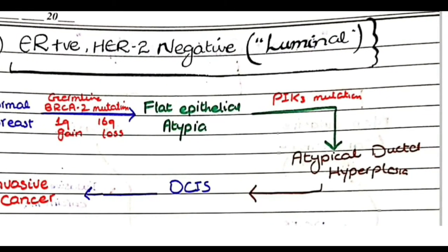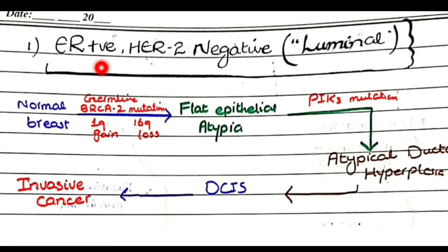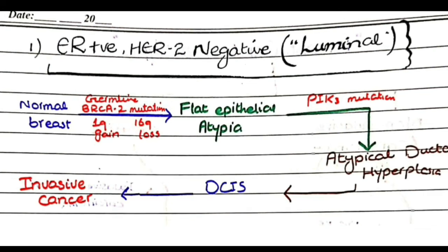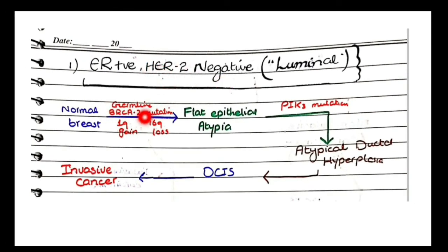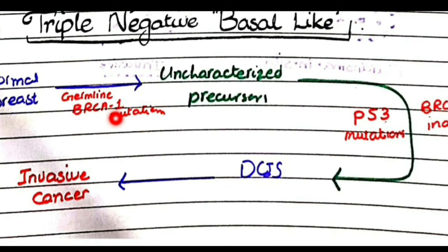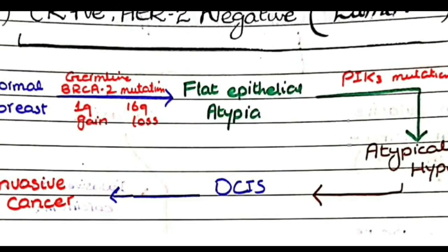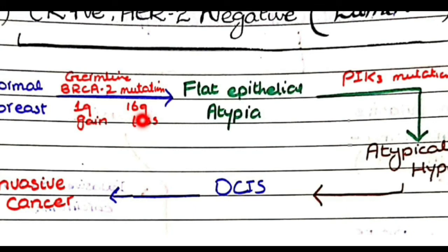Now, what are the genetic disturbances in each of these steps? Remember that we are studying ER positive tumors. When normal breast converts into flat epithelial atypia, the usual culprit mutations are germline BRCA2 mutations. Remember that ER positive tumors are associated with BRCA2 mutations, while triple negative tumors are associated with BRCA1 mutation. This is an important MCQ point. Other than this, there is loss on chromosome number 16 and gain at 1q.